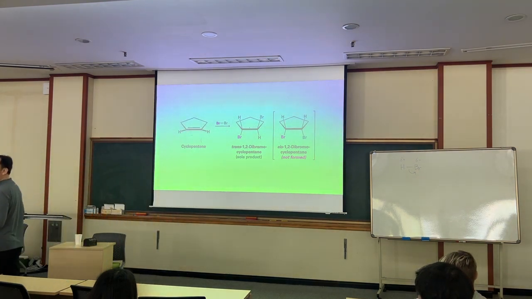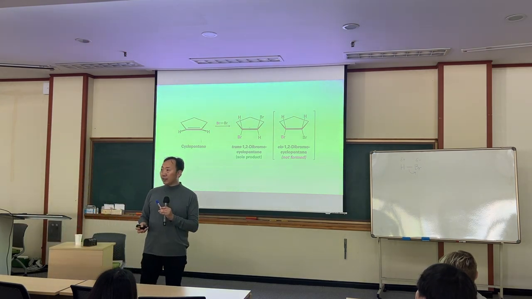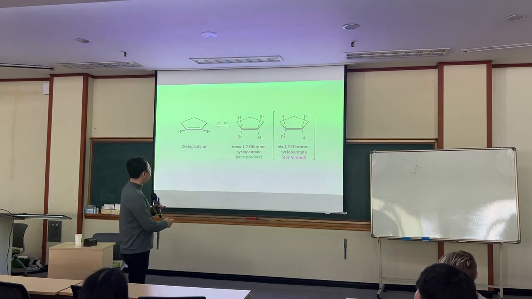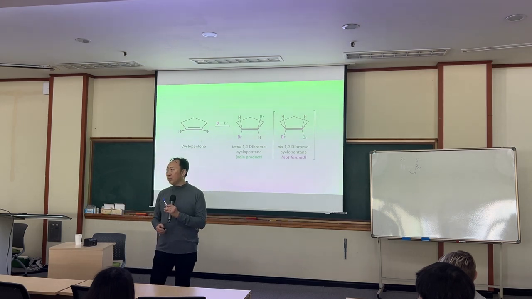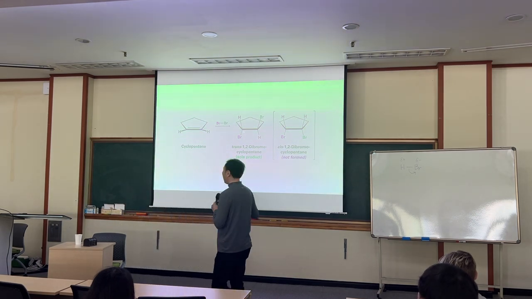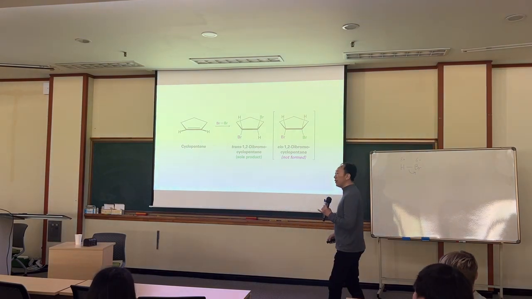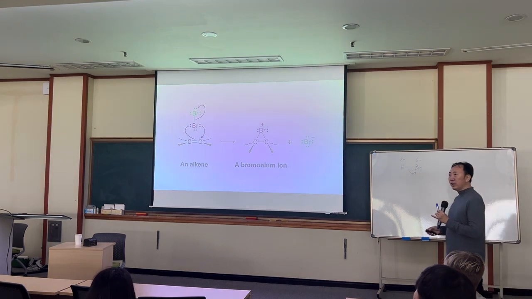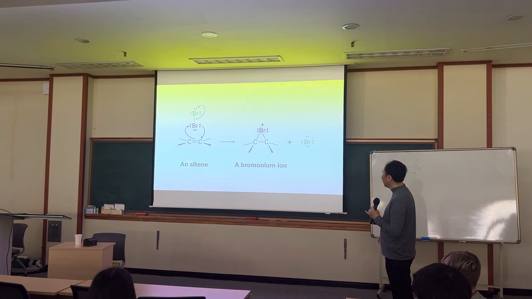Now, the question here is, why is only this formed, not this? How can you explain? If it is a simple carbocation intermediate, you should have 50-50 of these two products, but this is not formed. Only this is formed. So, one explanation was, when the electron was donated, this Br does not go to only one position.